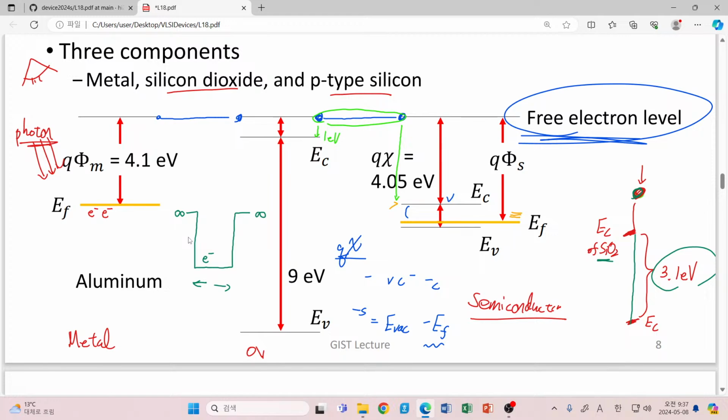So how can we relate this simplified equation to our realistic case? As you can see, from the viewpoint of this silicon conduction band electron, silicon dioxide can be regarded as a wall whose height is 3.1 electron volt.